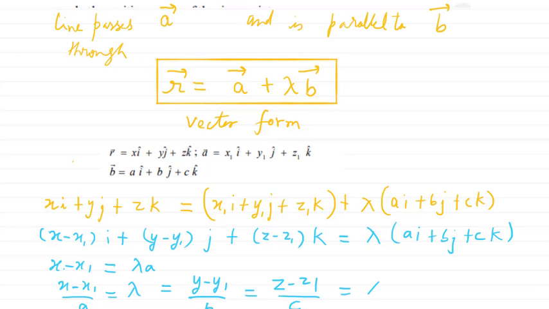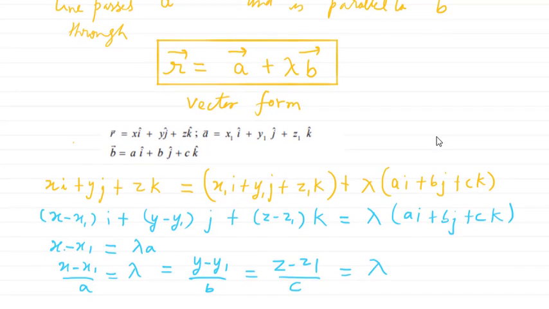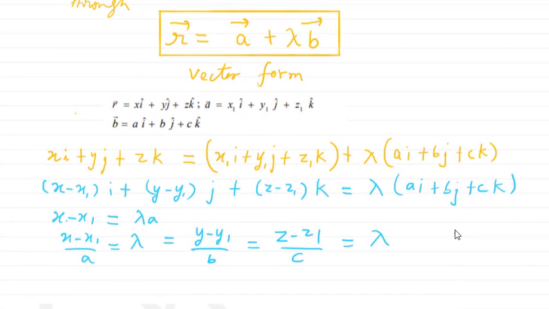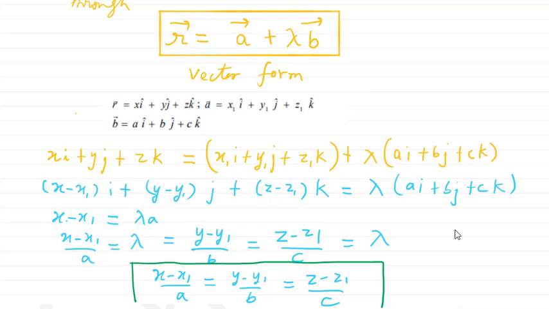All of these are equal to lambda. All these ratios are equal, so we can write x minus x1 by a equals y minus y1 by b equals z minus z1 by c. This form is known as the Cartesian form.